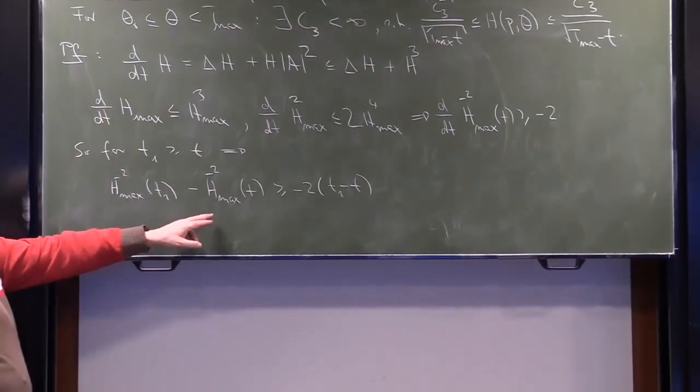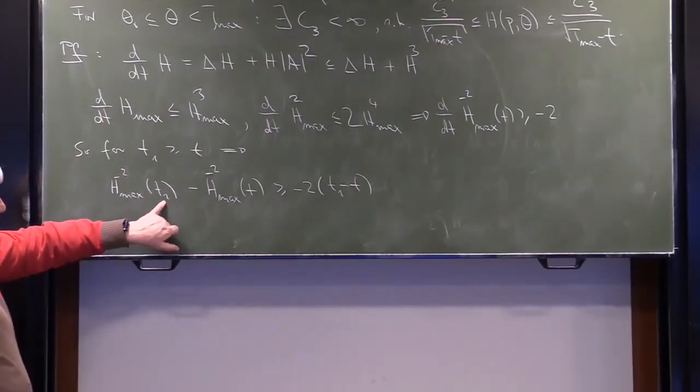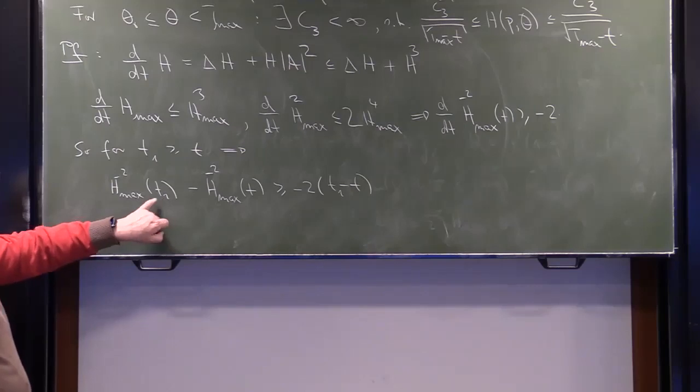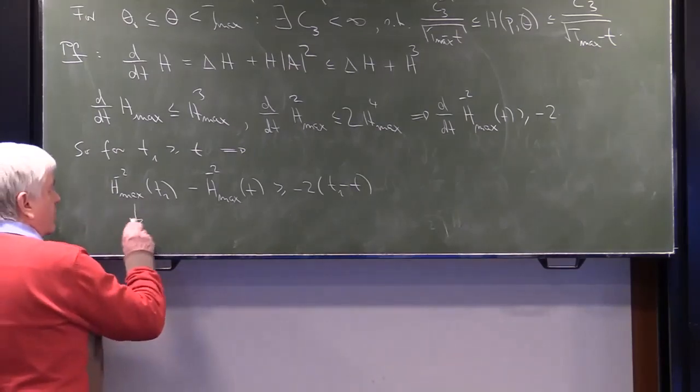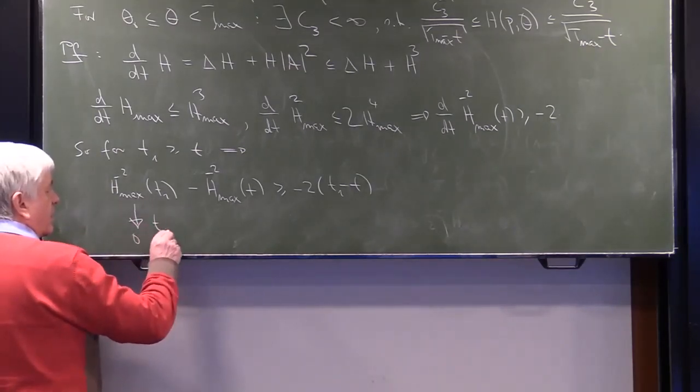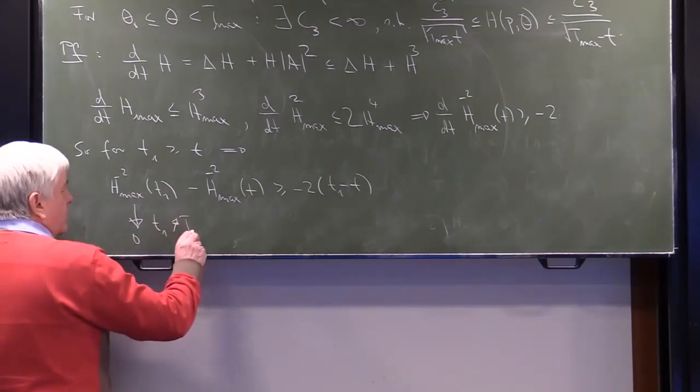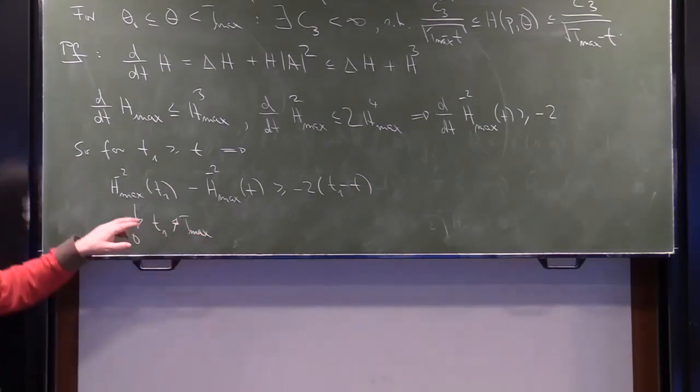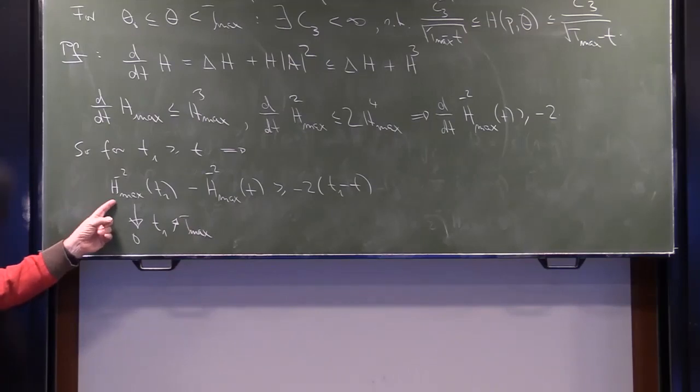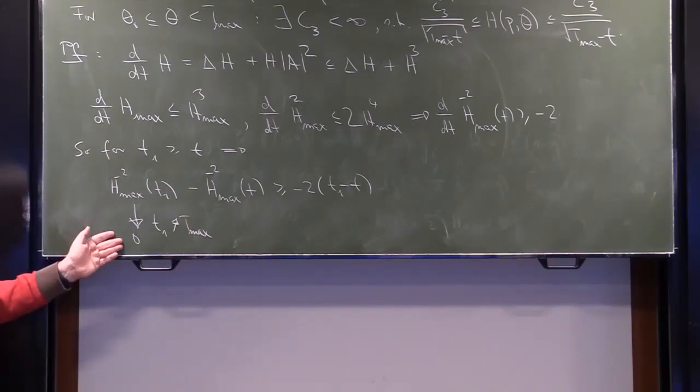And if we now let t1 tend to T max, then this goes to 0, because we know that at T max, the maximum of the mean curvature goes to infinity.